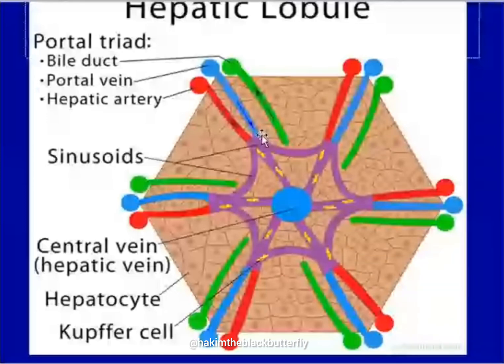And you see at the end of it all, blood which came in oxygenated is going to mix with this blood which is deoxygenated, and all that blood is going to pour out into the central vein. And then you're seeing those Kupffer cells which are resident in the sinusoids to filter the blood by removing bacterial infections.